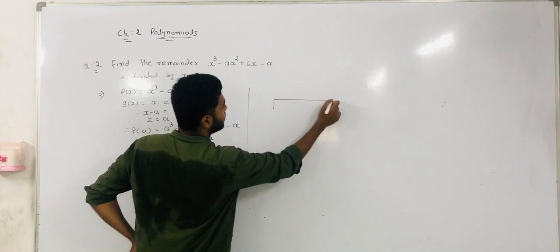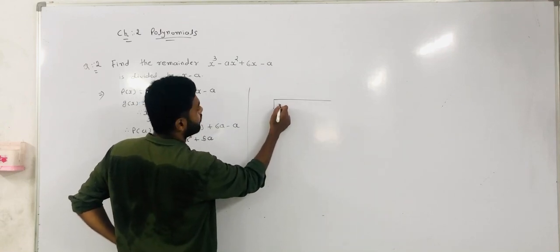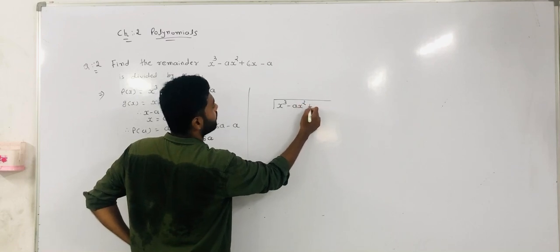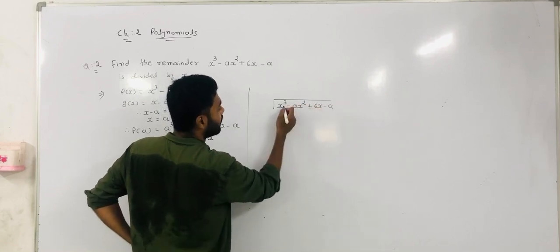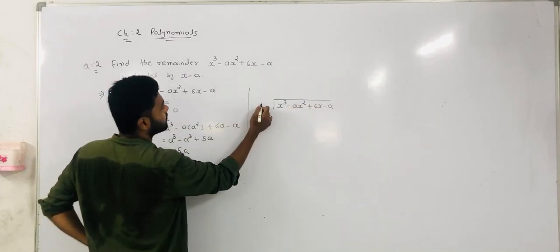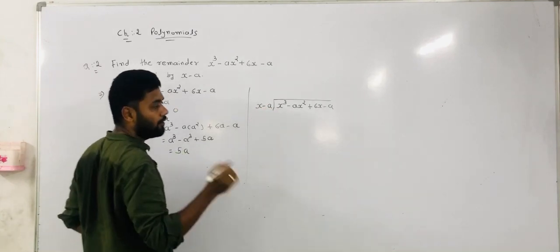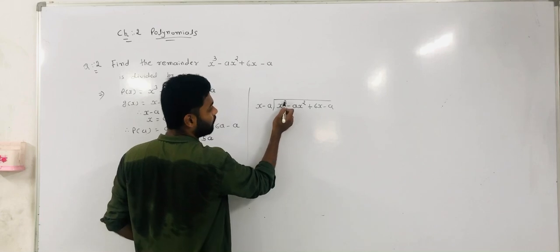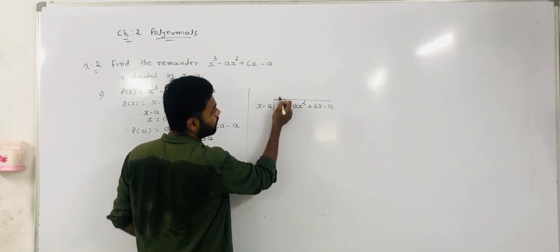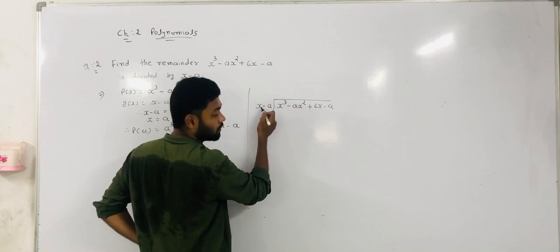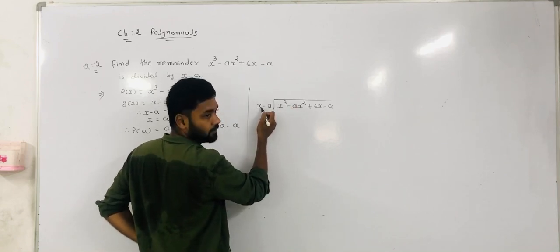So your dividend is x cube minus ax square plus 6x minus a, and the divisor is x minus a. If you want to apply the long division method, first we divide the first term of the dividend by the first term of the divisor.